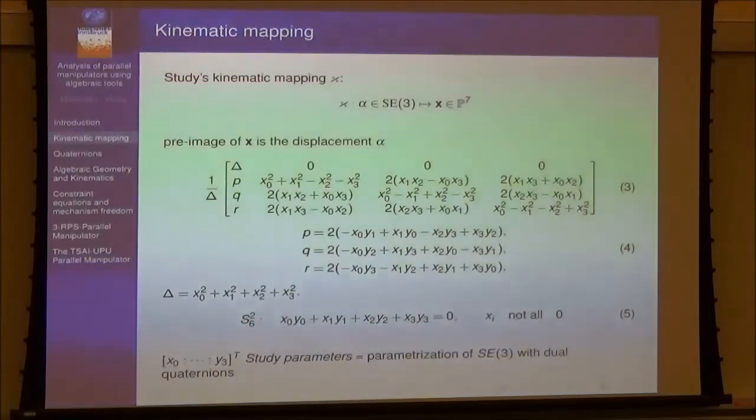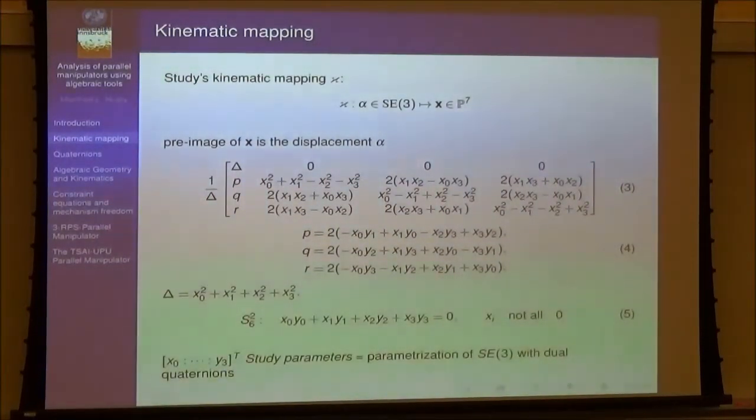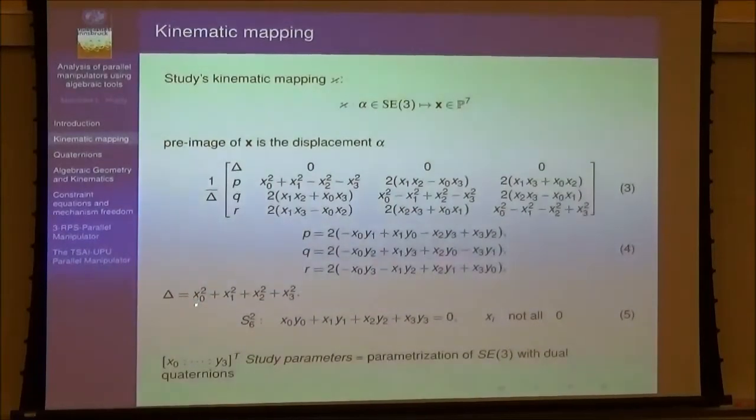We have an 8-dimensional, 7-dimensional projective space, so there are 2 dimensions too much. One we have got written off because we have a normalizing condition. This has been mentioned in the morning too. We will set this normalizing condition most of the time to 1.